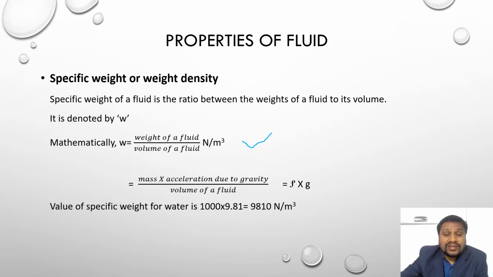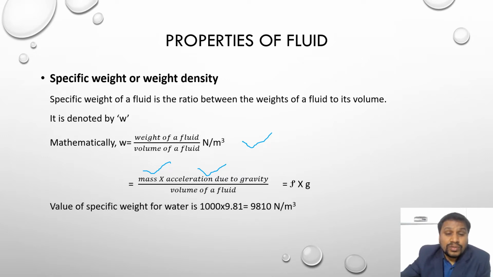In place of weight we can write mg, mass into acceleration due to gravity, since weight W is mg.